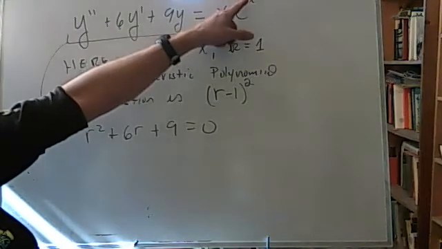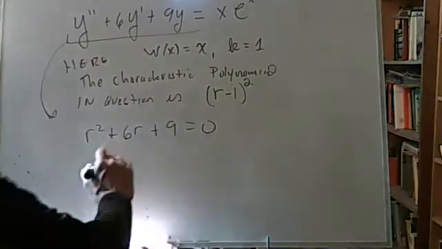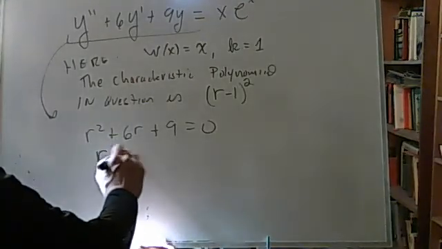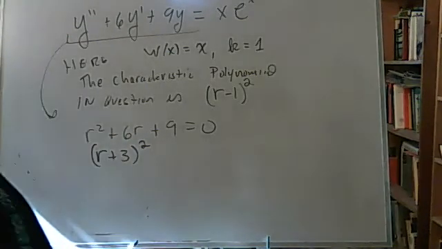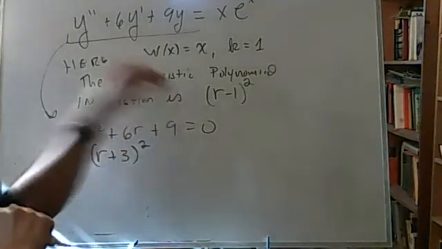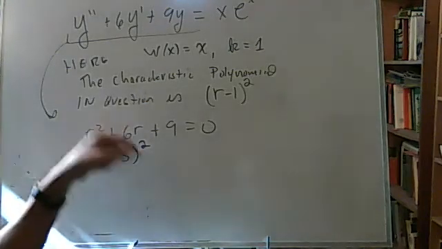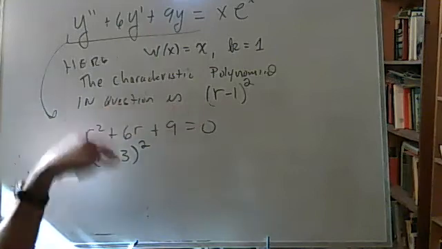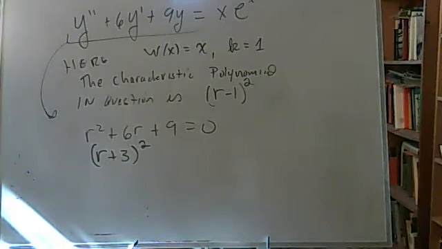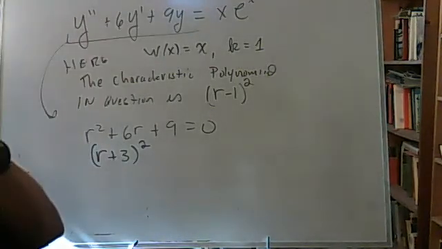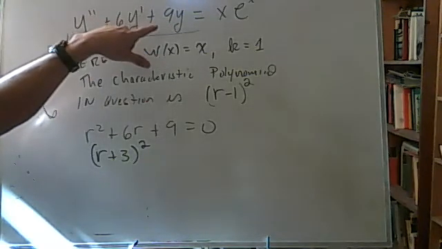In this case, this root, 1, is not a root of this, because this root is r plus 3 squared. Fortunately, this isn't really a root. So if you take this 1 and plug it in here, that should give you some information about what your y_p is going to be.